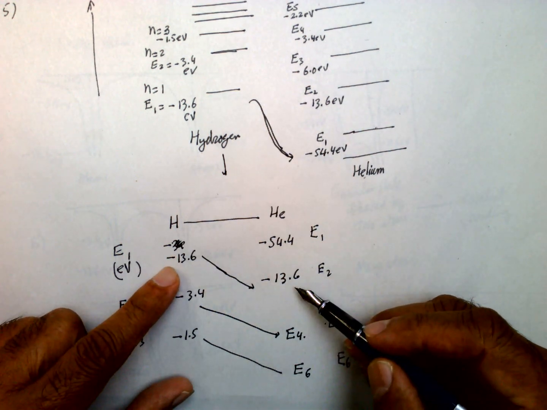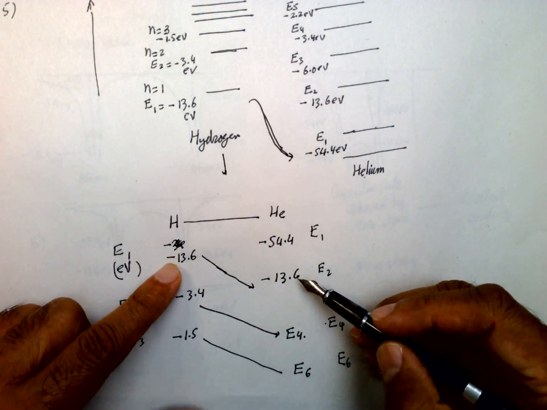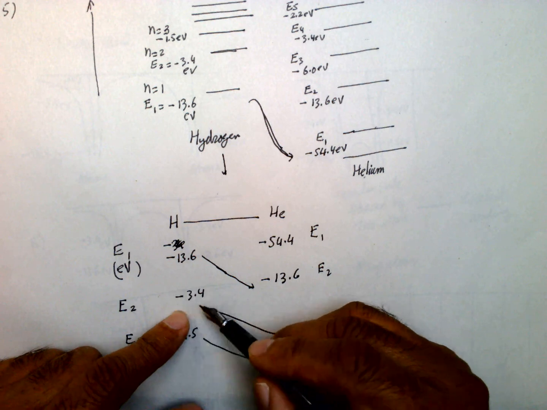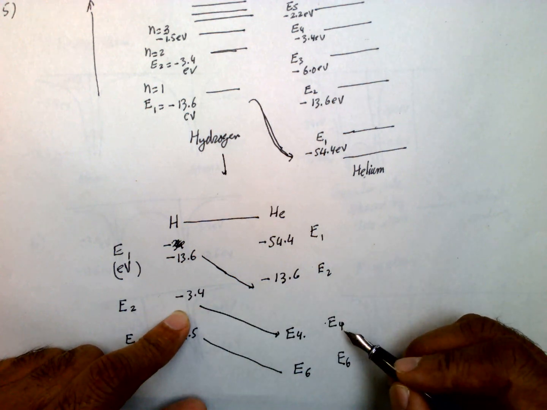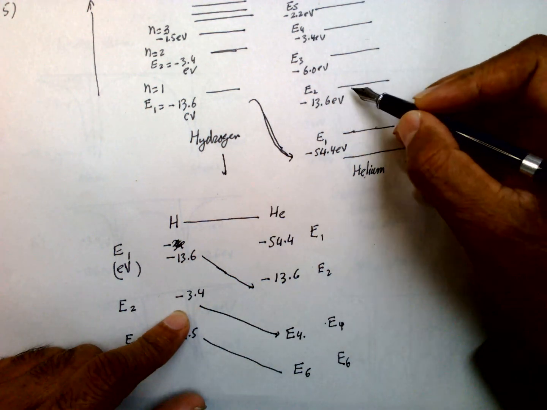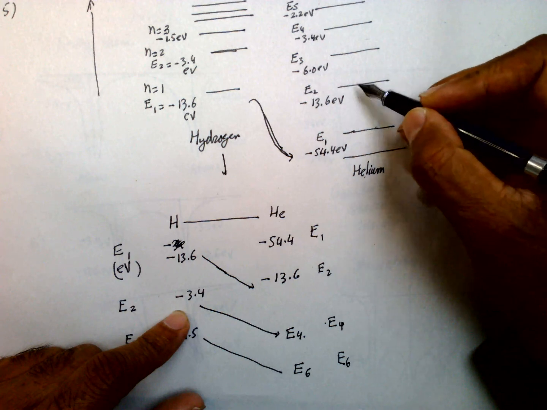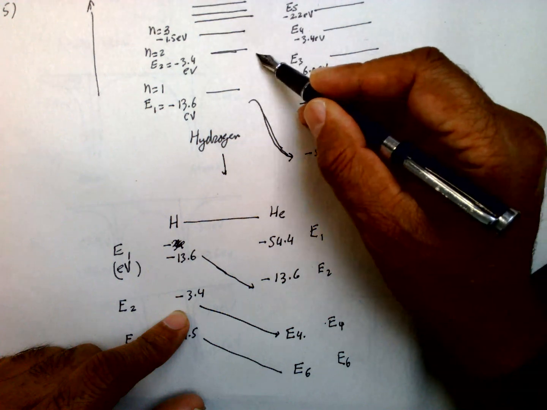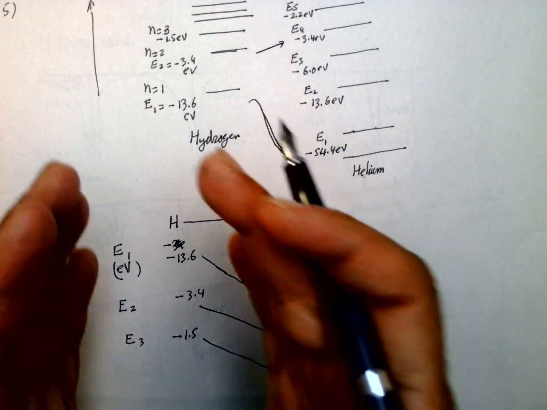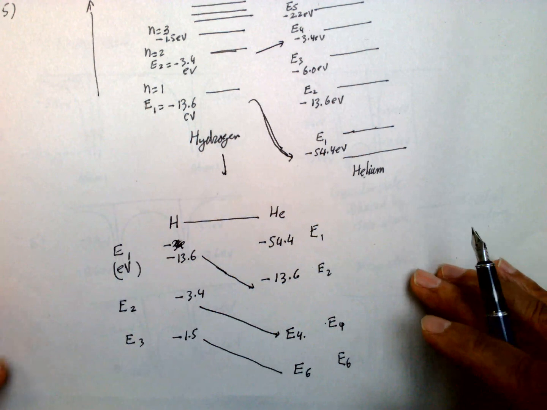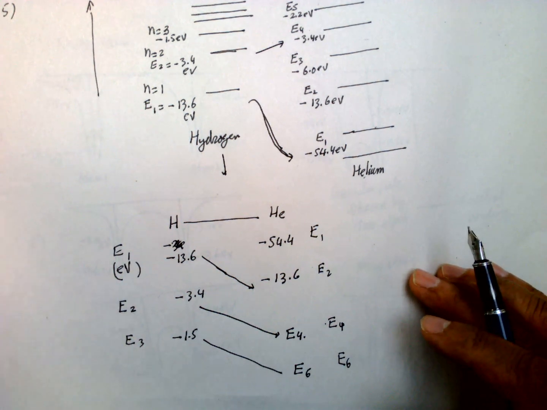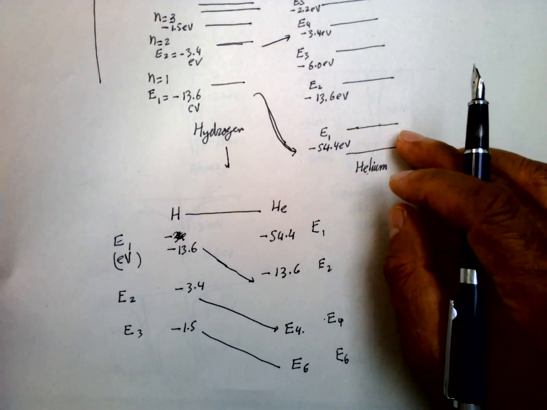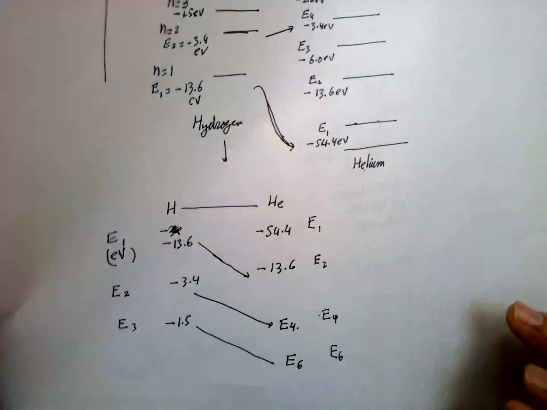Hydrogen's second state is helium's fourth state. So atoms of different elements have different energy levels.